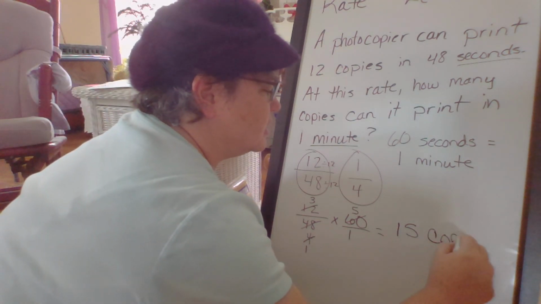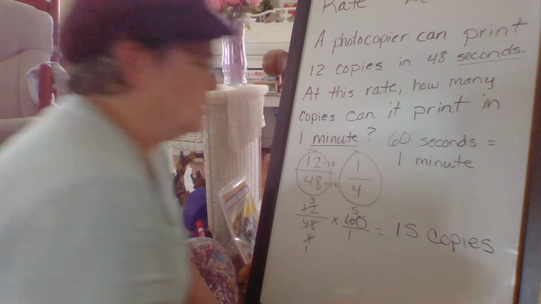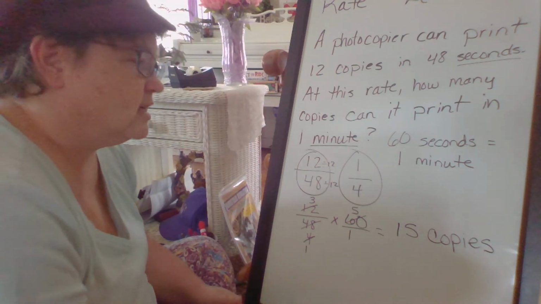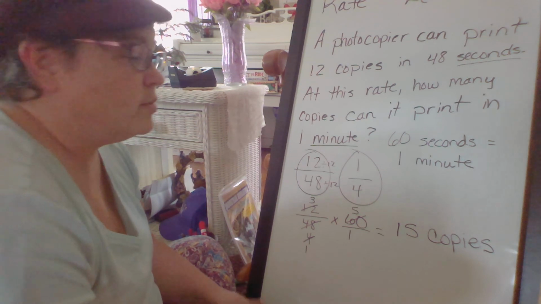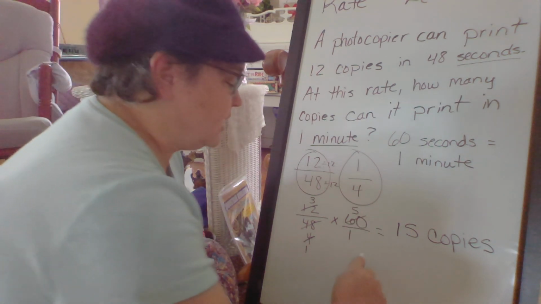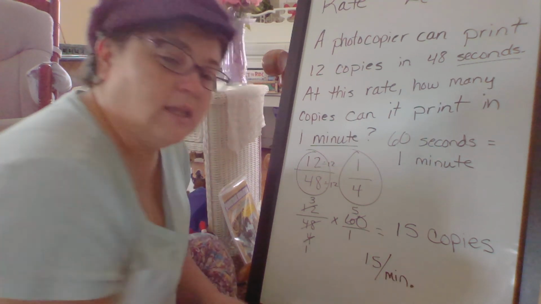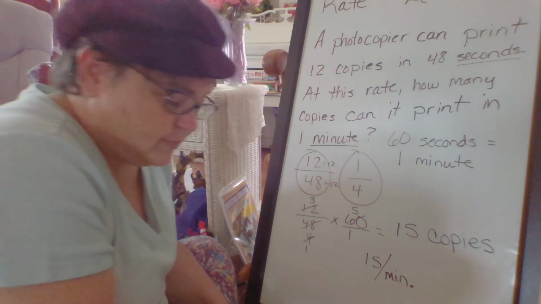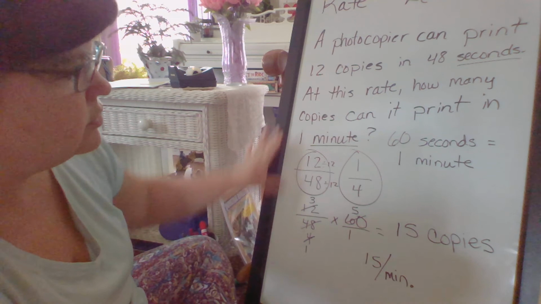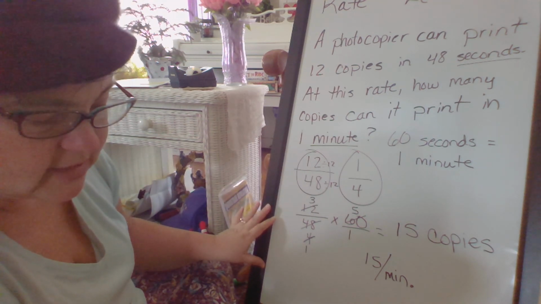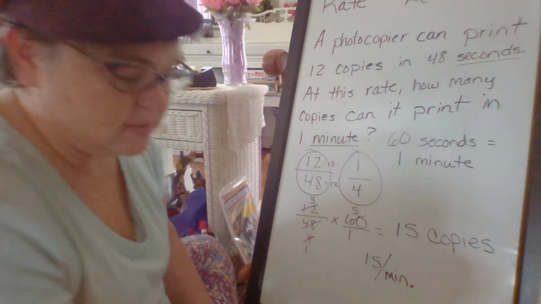Judges like that: 15 copies in 1 minute. Or you might want to write it as 15 per minute, like that. So that's one way to look at it. Sometimes they'll draw a picture.